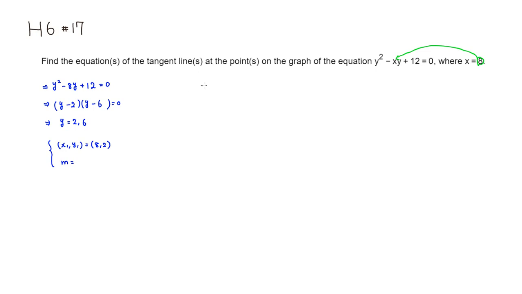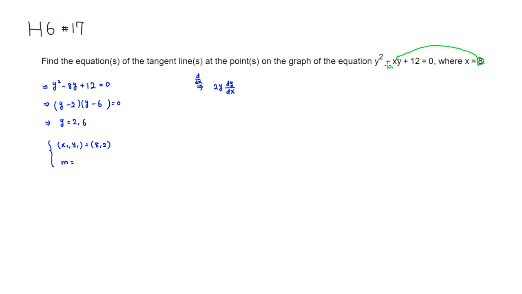So we take that equation without plugging in 8, and we're going to take the derivative with respect to x. The derivative of y squared is 2y times dy over dx. And the derivative of negative xy, we have to use the product rule.